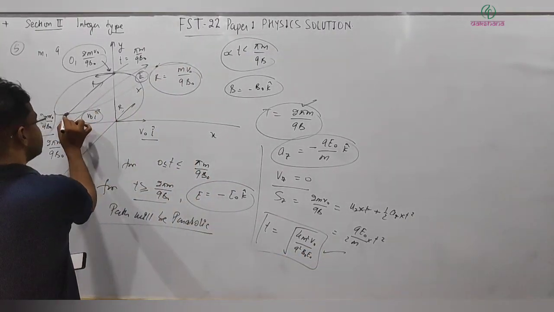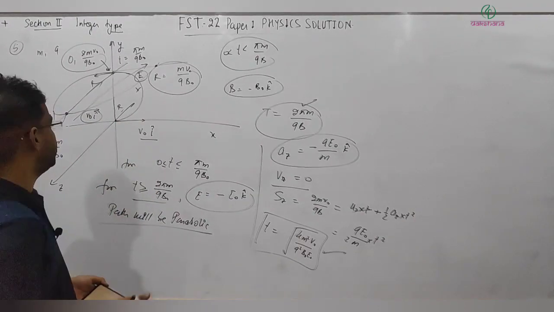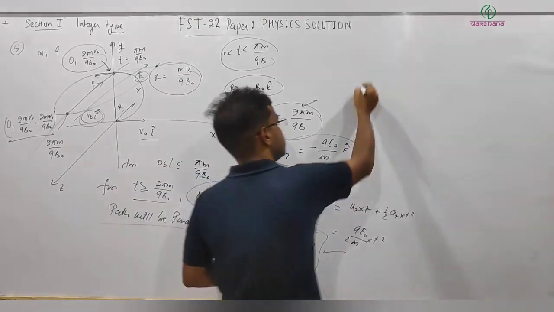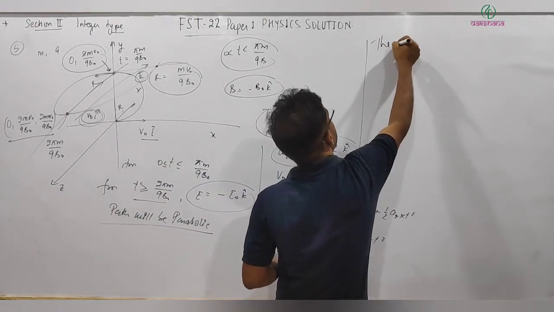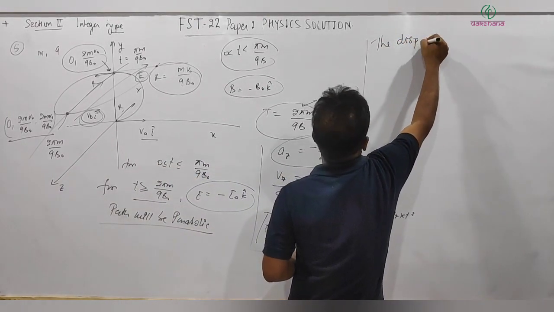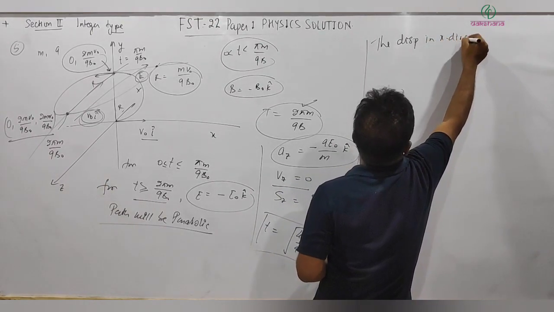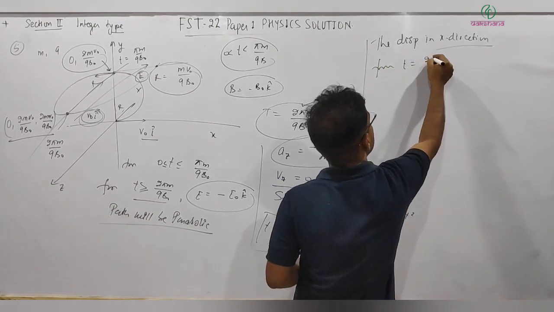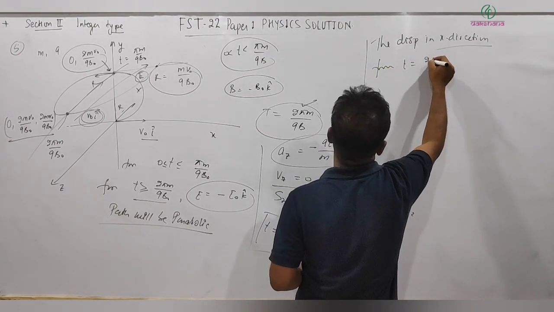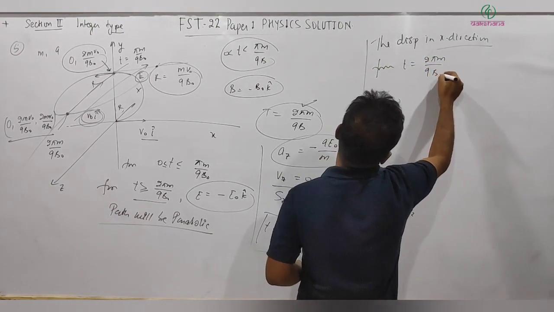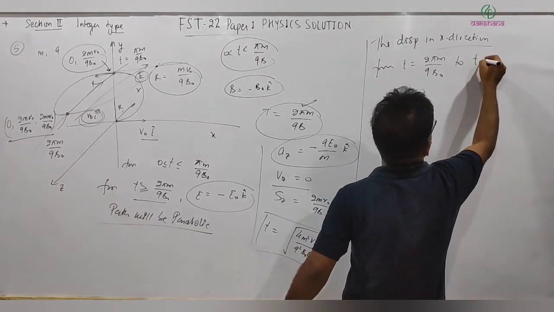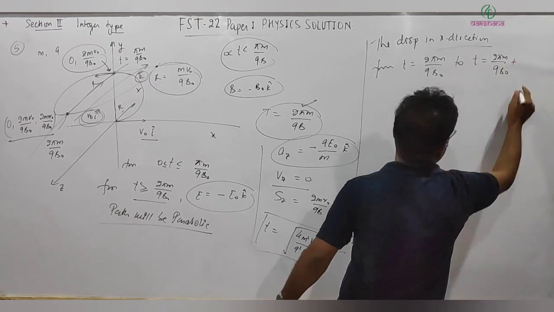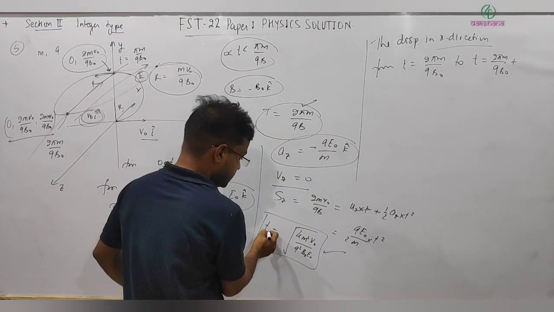And by this time, because the velocity in the x direction remains constant, I can calculate the displacement in the x direction from t equal to 2 pi m by q B naught to t equal to 2 pi m by q B naught plus, let me write it, some t naught.